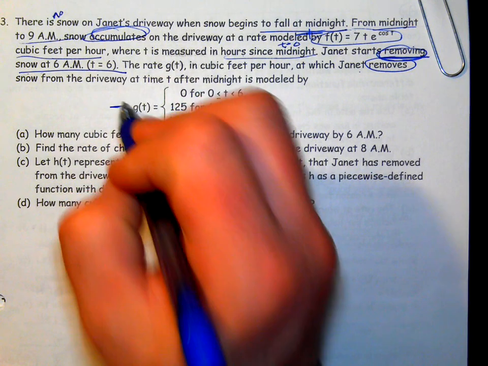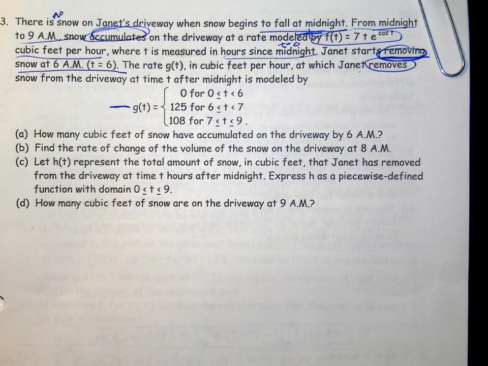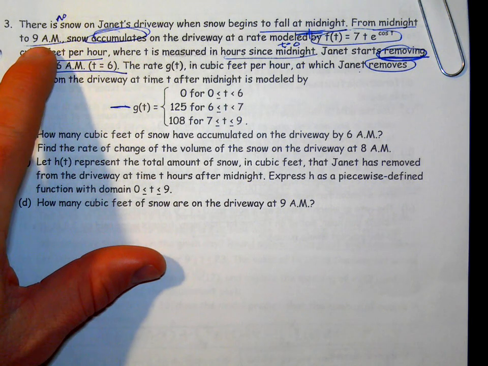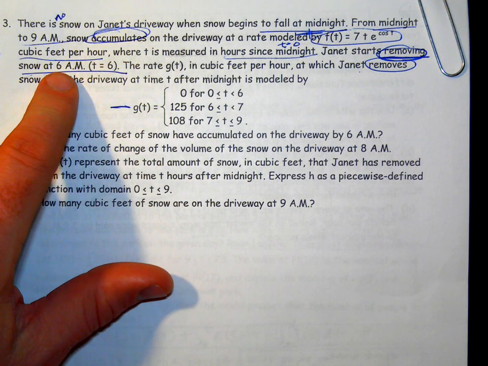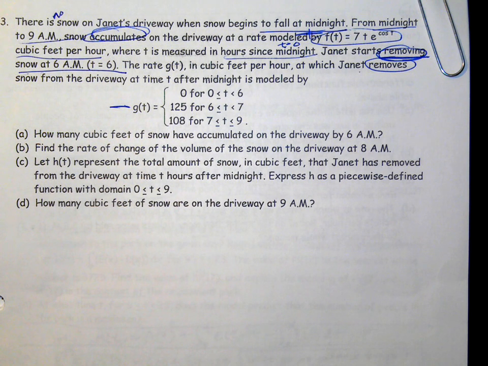So this is the outgoing rate, the leaving rate. Now, it sounds like snow is still falling. Midnight to 9 a.m. She starts removing it at 6 a.m., so it's still falling from 6 to 9. And this only goes up to 9 a.m. So snow is falling the whole time. Snow is falling while she's not removing, and then she starts removing it.